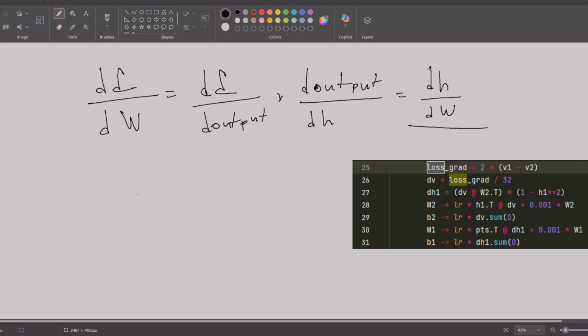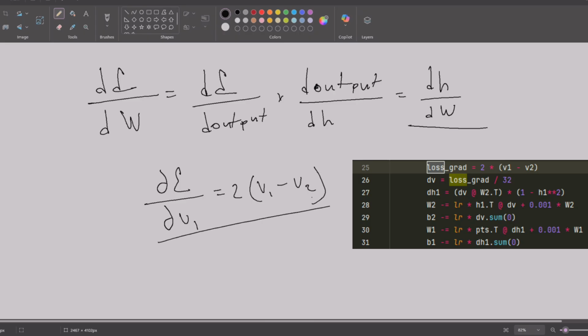Alright, so now let's continue with our gradient step for the equation. Let's set up our partial derivative equation. We're going to have this as the gradient of the loss with respect to the output. So we would have this partial derivative of L with respect to V1 is equal to 2 times (V1 minus V2), divided by 32.